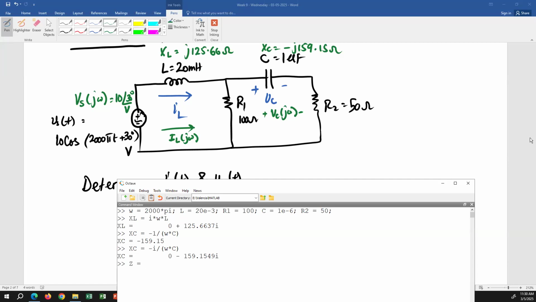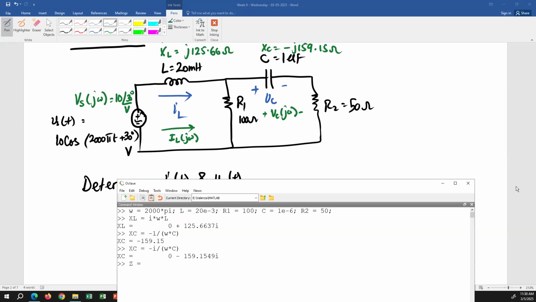XC and R2 in series, okay? XL, very good, excellent. So we're going to do that.